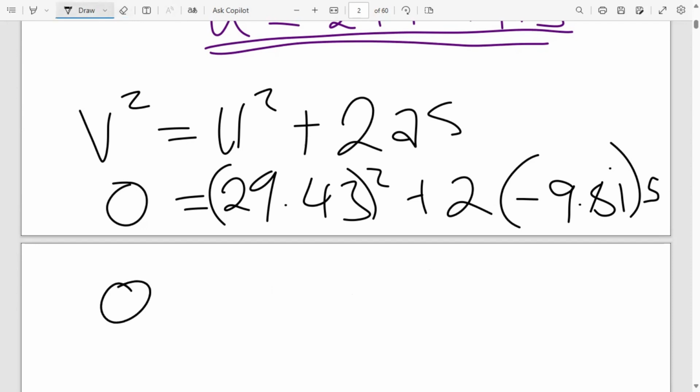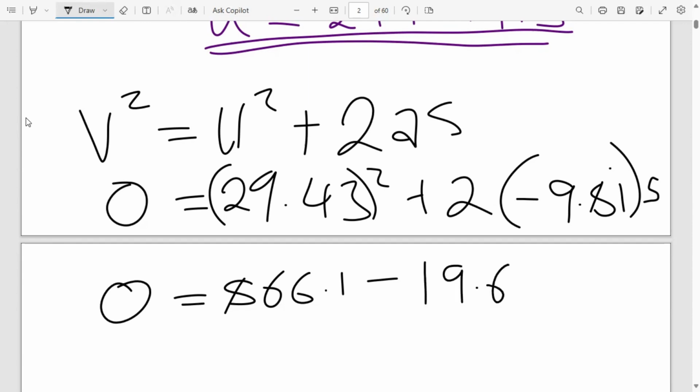So I would say 0 is equal to 29.43 squared. What's the answer? Okay, so 866.1 plus, okay, so this will become minus. Let me just put a minus, minus 2 multiplied by 9.81. This is giving me 19.62. So minus 19.62 s like that.